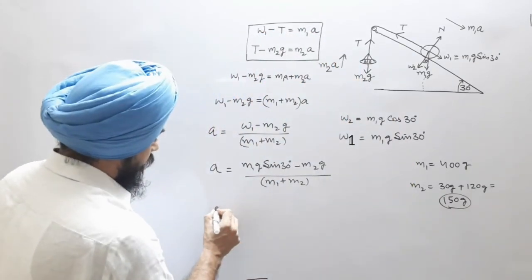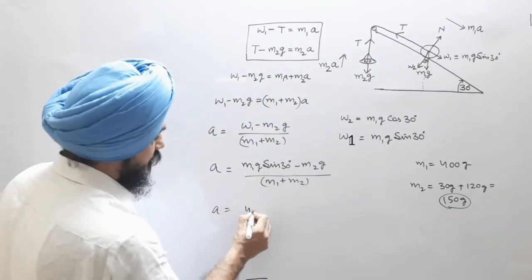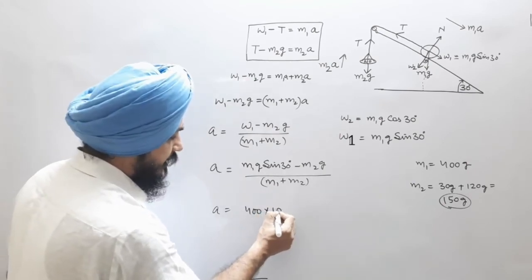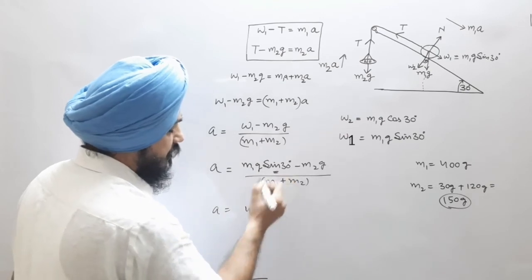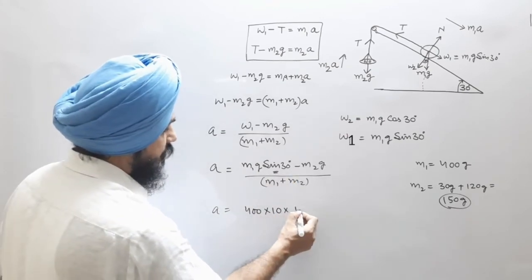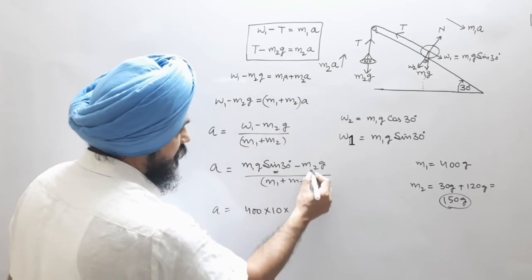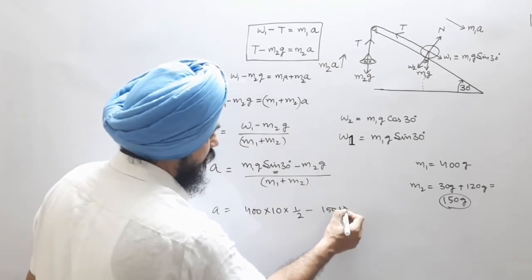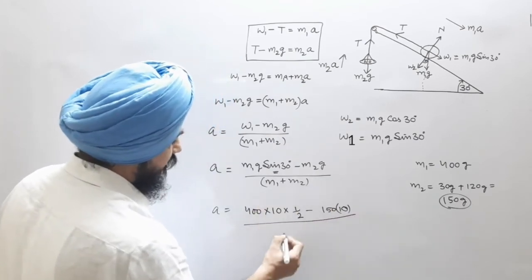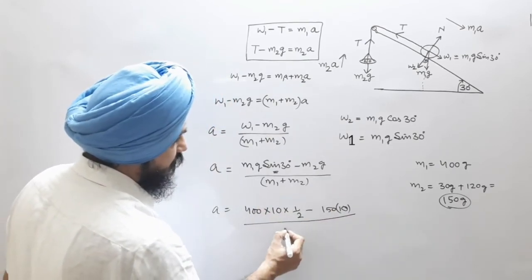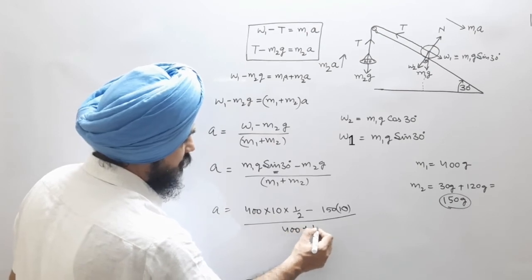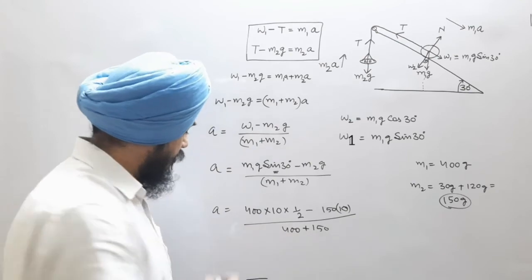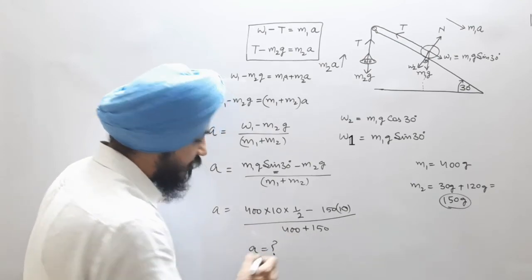So M1 is 400, G we can take for ease as 10 meter per second square, sine 30 is 1 by 2, minus M2G, where M2 is 150 and G is again 10 meter per second square, divided by M1 plus M2, which is 400 plus 150 grams. Solving these terms, you can easily get the value for acceleration.